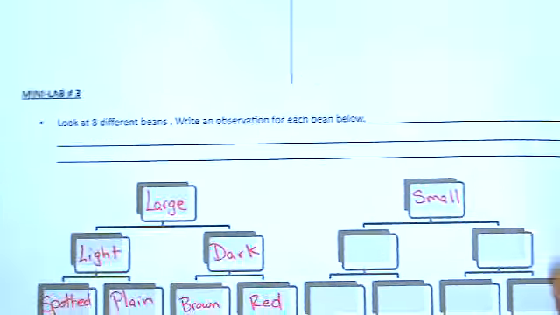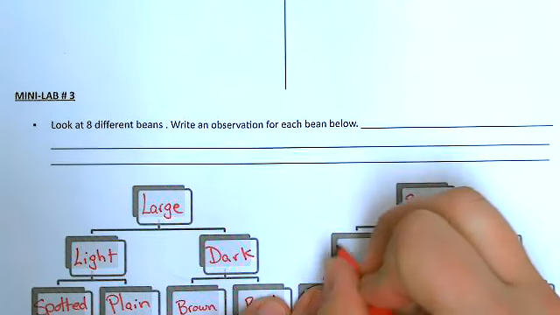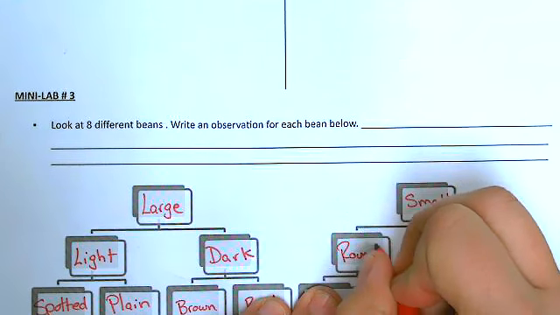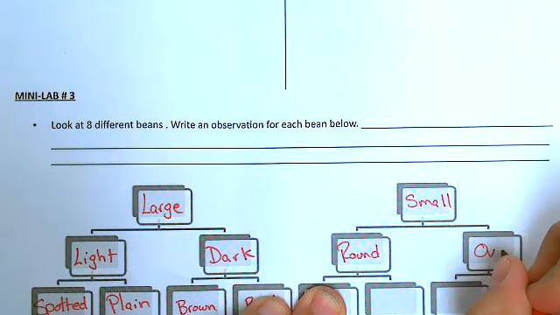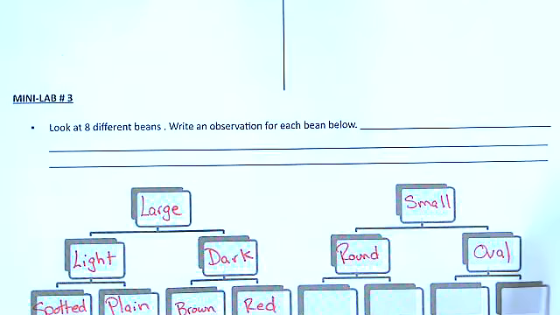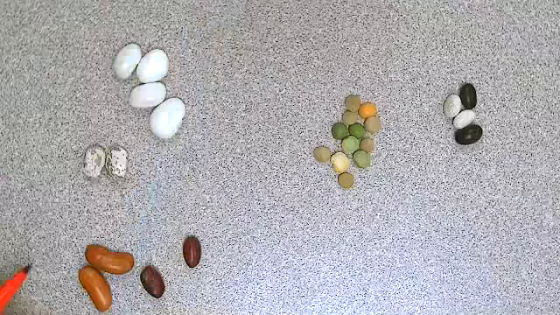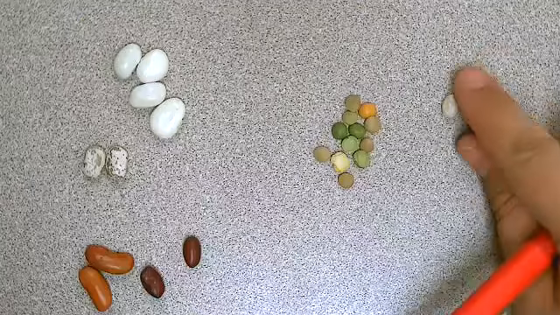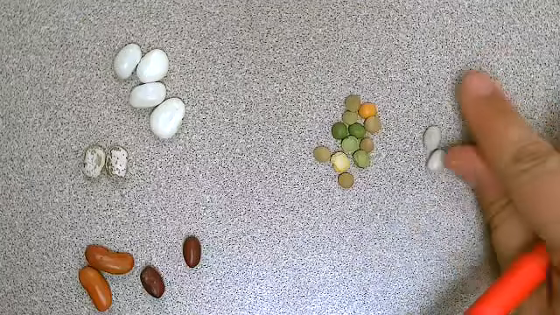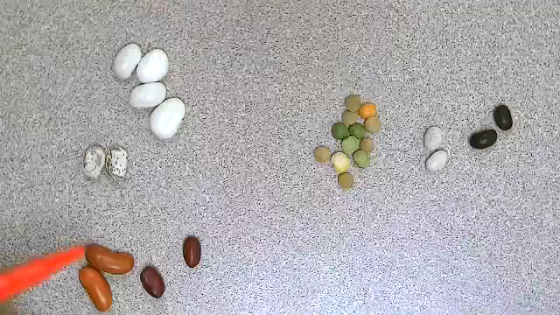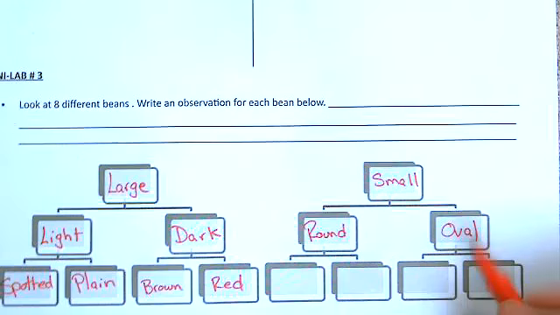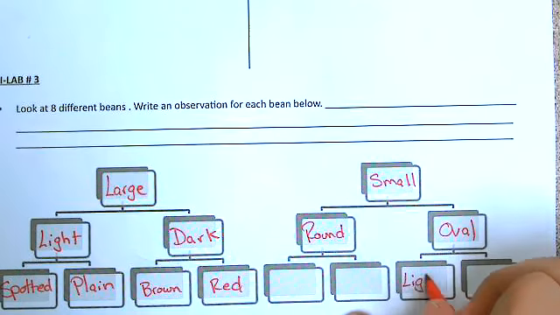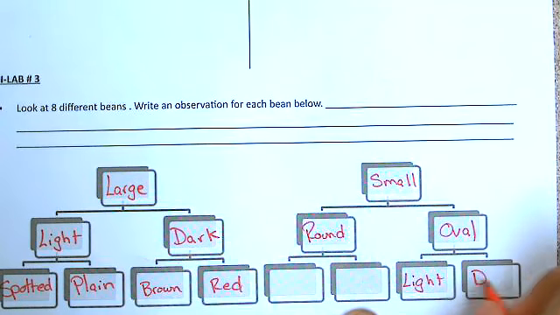So on my paper, I will write round, oval. Okay, now for my oval group, I'm going to divide them again into light versus dark. So on my paper, under oval, I'll put light versus dark.